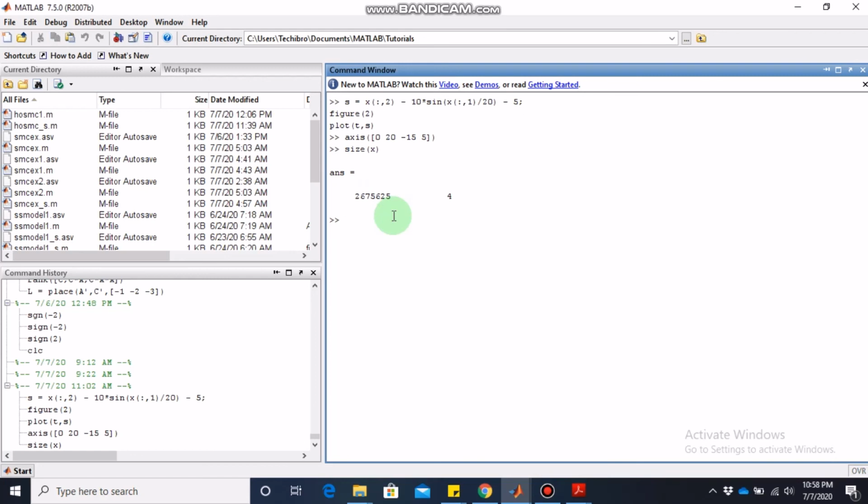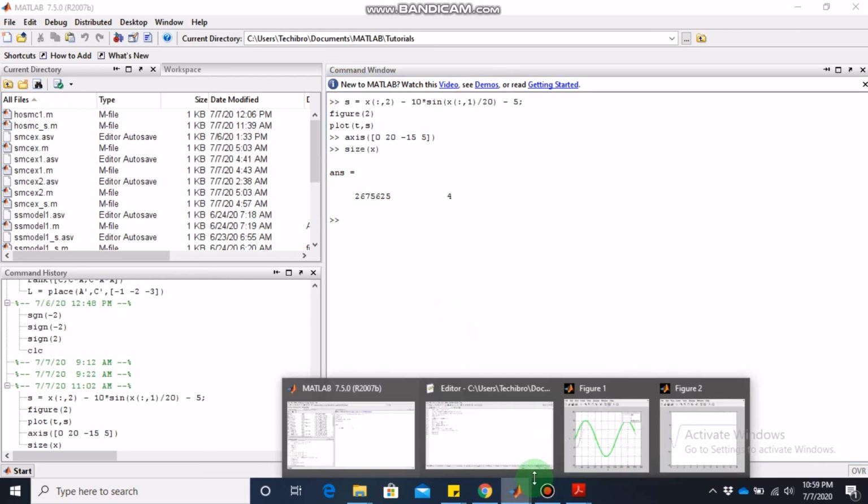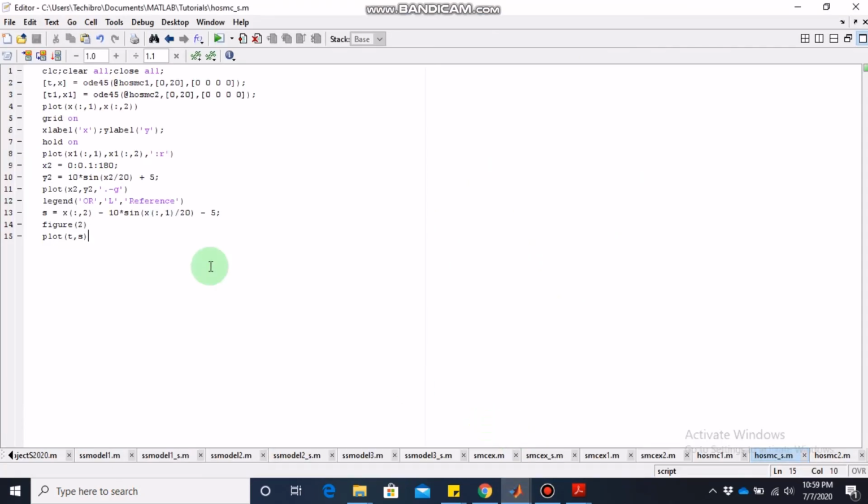That's why it takes so long to run this file. But you can also set the step size as you want. Like here, if I tell MATLAB 0 to 0.01 to 20, then my step size will be 0.01.